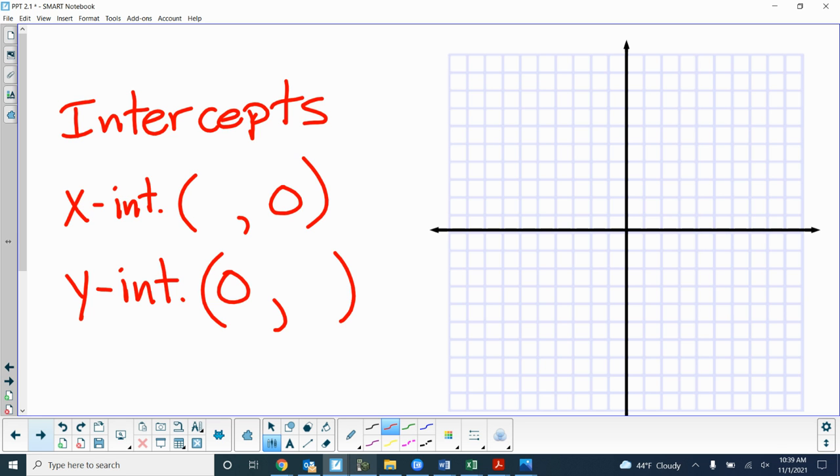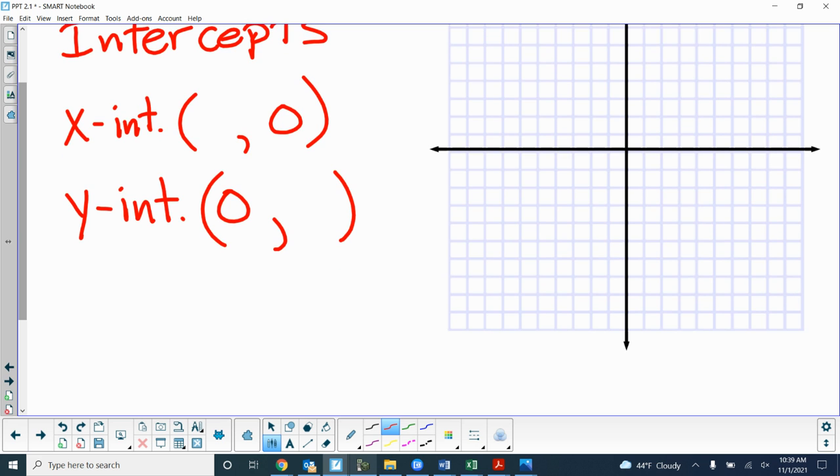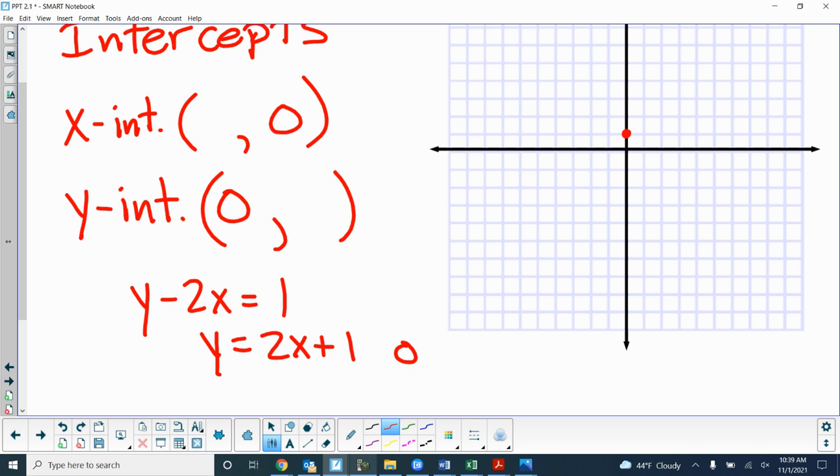Okay? So if we look at our first example, y minus 2x equals 1. So if I add 2x to get y by itself, if I want the y-intercept, what's 2 times 0? 0 plus 1 is 1, which we knew anyway by looking at slope-intercept form. If I want the x-intercept, I put 0 over here for the y.